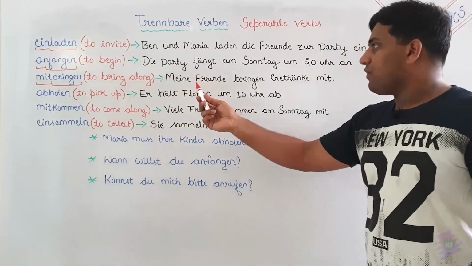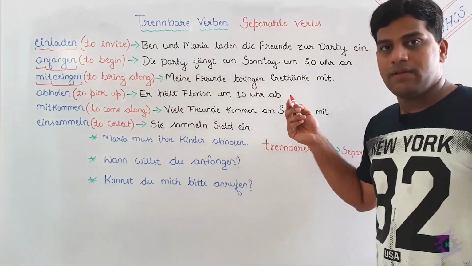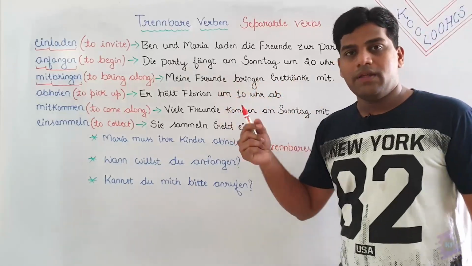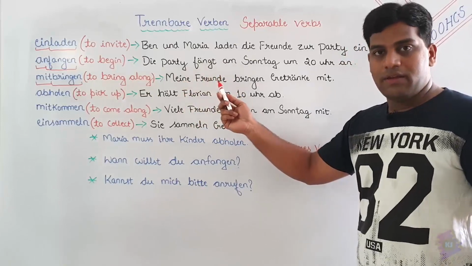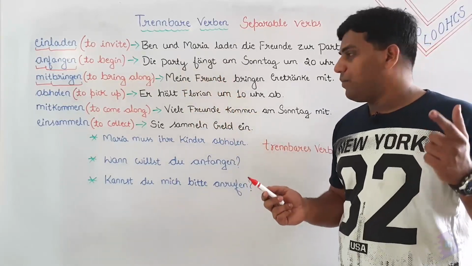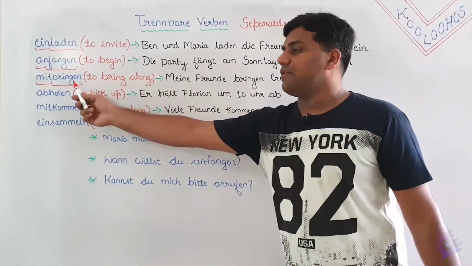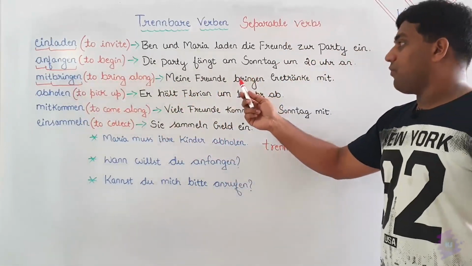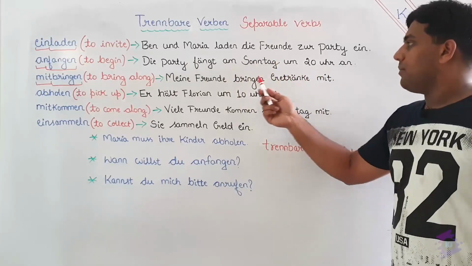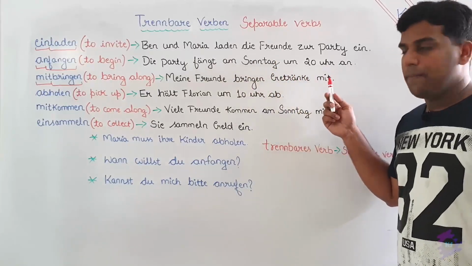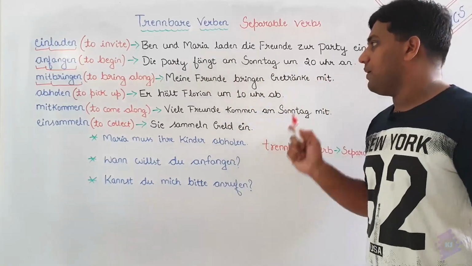To say my friends bring along the drinks, the friends who come to the party bring along the drinks, that will be meine Freunde, my friends, third person plural. So you conjugate the verb bringen accordingly: meine Freunde bringen Getränke mit. Bring drinks along. The separable prefix mit goes at the end.